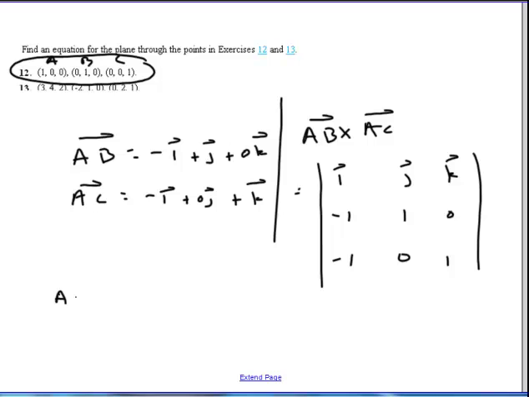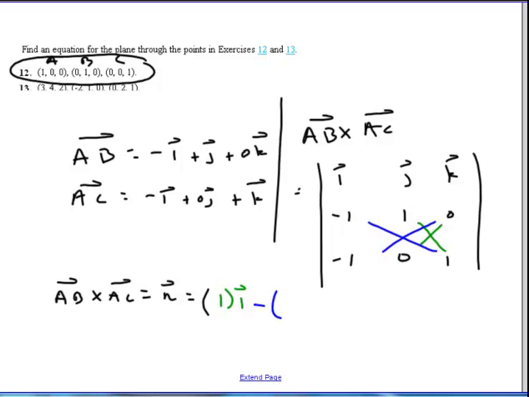So what we get, AB cross AC, which is going to equal our normal vector, equals 1 I, minus 1 J, plus 0 minus 1 K. So this simplifies really nicely to just I plus J plus K. What a very sweet little vector to use.